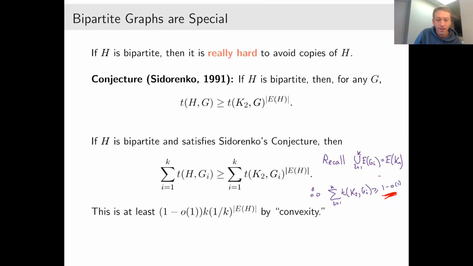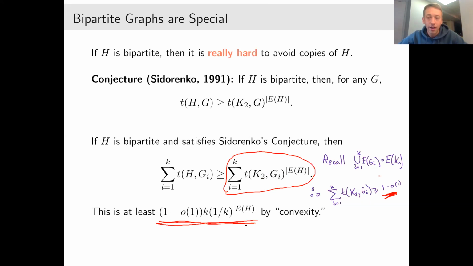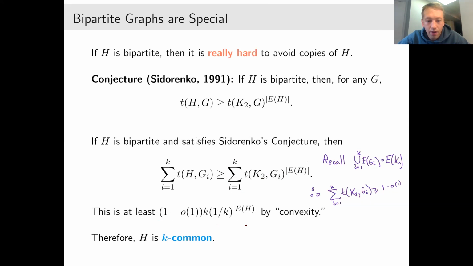By convexity, this sum is minimized when all of the edge densities are roughly equal, and when they're roughly equal, the lower bound you get is like this, which is exactly what we wanted to prove that it's k-common. So the message here is that any bipartite graph that satisfies Sidorenko's conjecture is k-common, and Sidorenko conjectured that all bipartite graphs satisfy his conjecture.